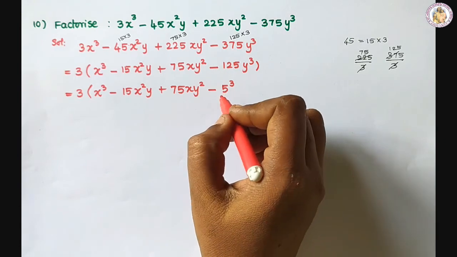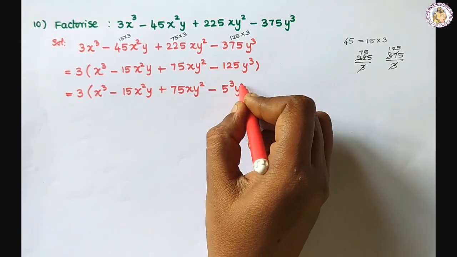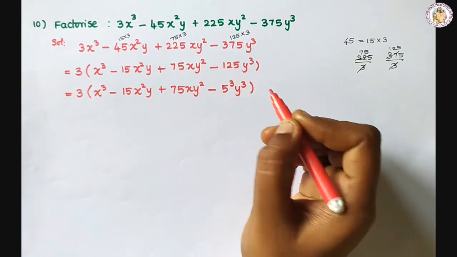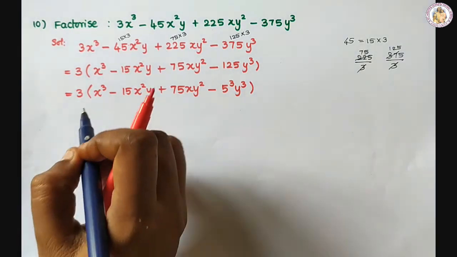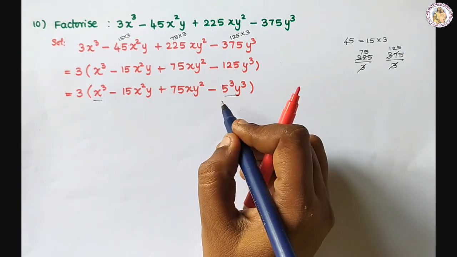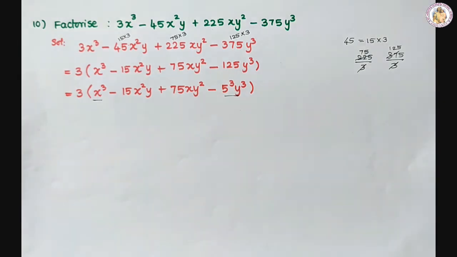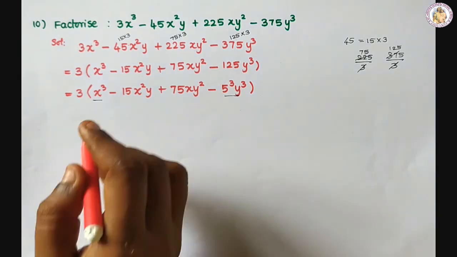Right? 5 5s are 25, 25 5s are 125, y cube is there. Now see this a cube minus b cube. What's the cubic identity?